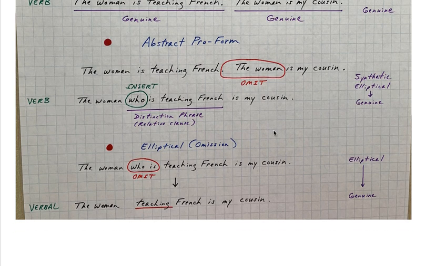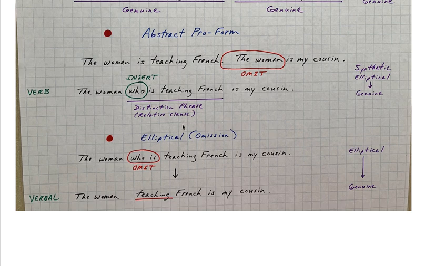So now we go back to the elliptical level of omission. When people speak to save time and energy, or maybe they're just lazy or stupid, they'll say something and they will omit words. The woman who is teaching French is my cousin. Okay, that's how far we got. And the teaching was still in the verb form.